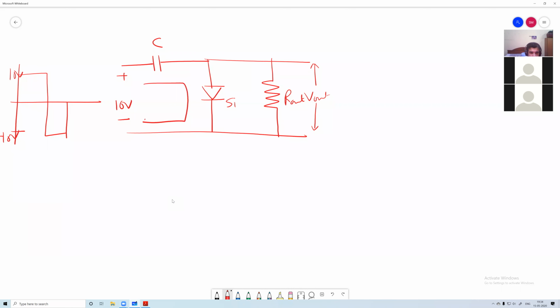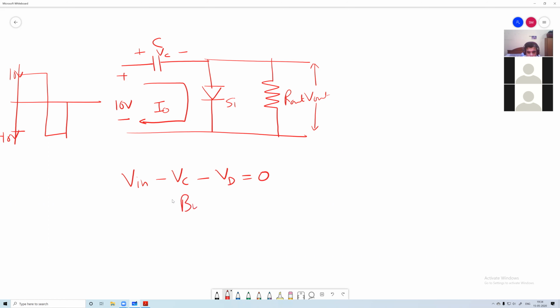This will be by flow of current I0, right? And Vin minus VC minus VD is 0.